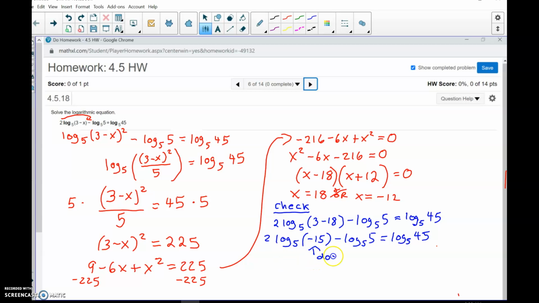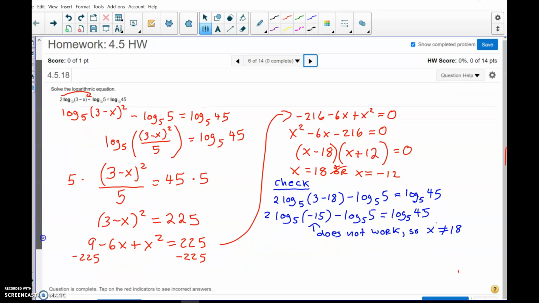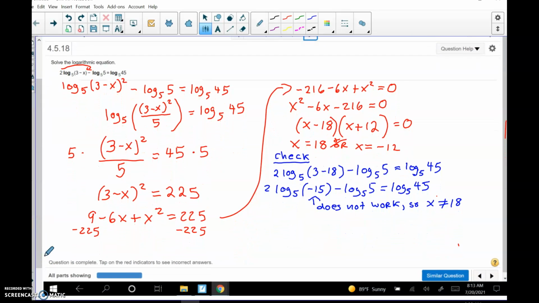Does not work. So x does not equal 18. All right. Next, let me see if we can scroll this down a little bit. There we go. We're going to try negative 12.